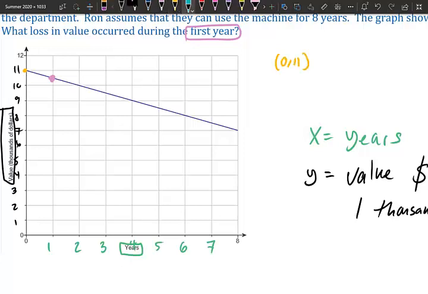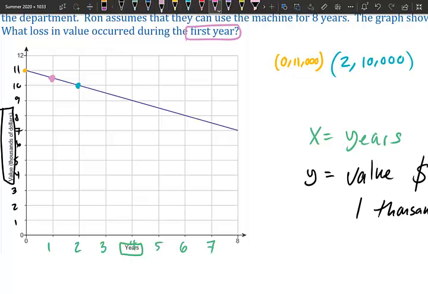And the second perfect point is (2, 10). Sorry, that's supposed to be 11,000 and 10,000 because we're talking about thousands of dollars. So then if we can find the change between 0 and 2 years, we can find the change of 1 year.